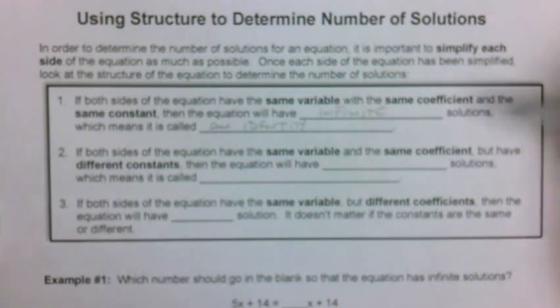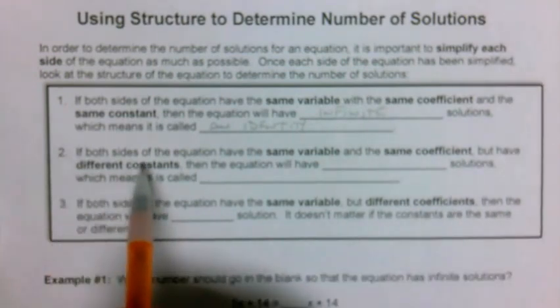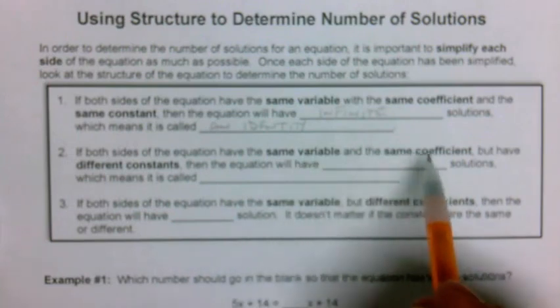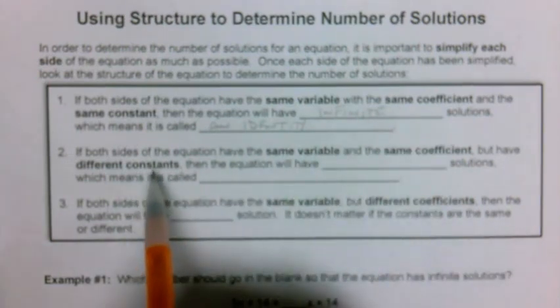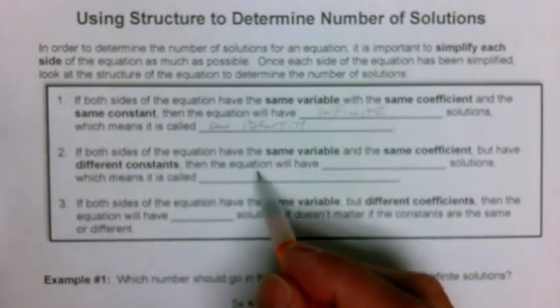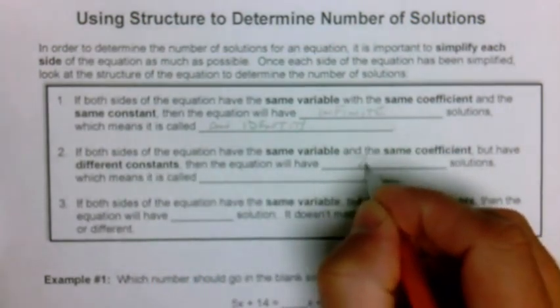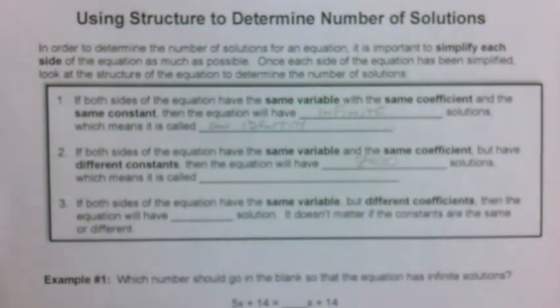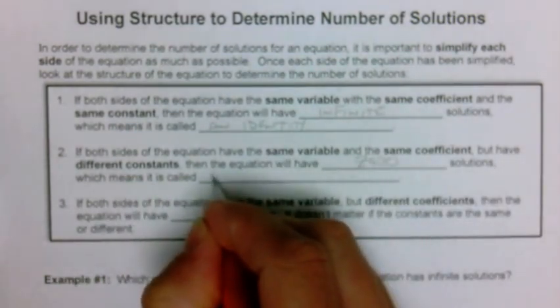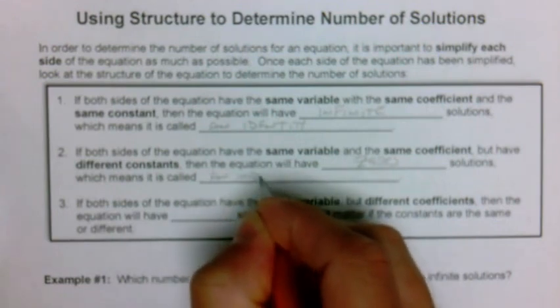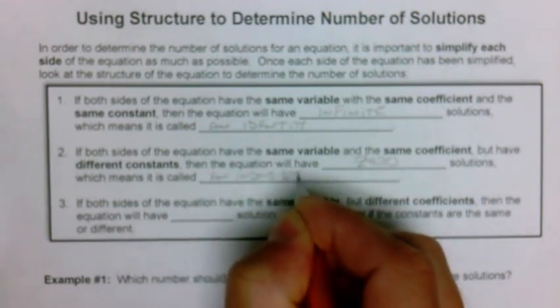If your constant's the same and your variable and coefficient are the same, then there will be an infinite number of solutions. If both sides of the equation have the same variable with the same coefficient, but the constants are different, then the equation will have zero solutions, no solutions, which means it is called an inconsistent equation.